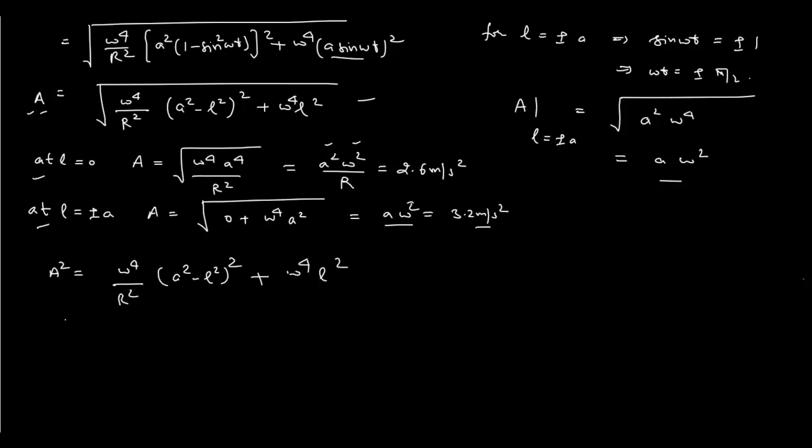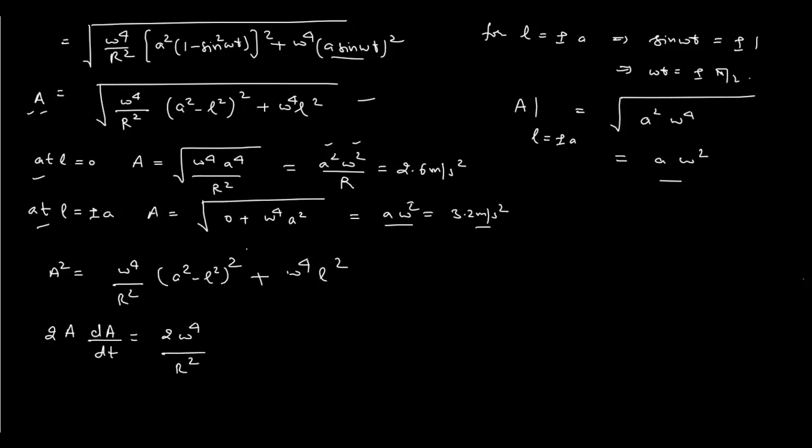And if we differentiate it on both sides with respect to time, we get 2a dA by dt is equal to 2 omega 4 divided by R square.